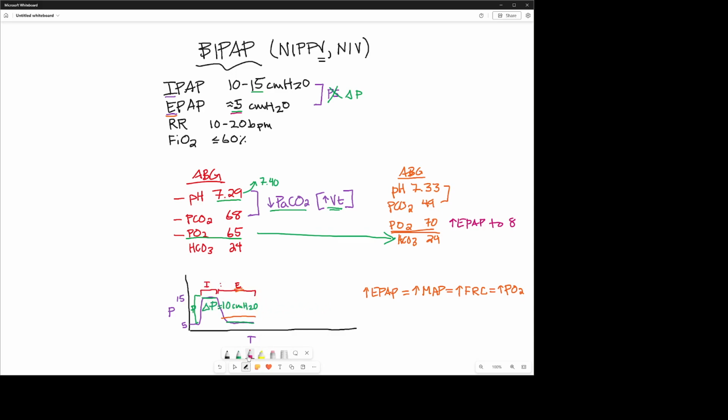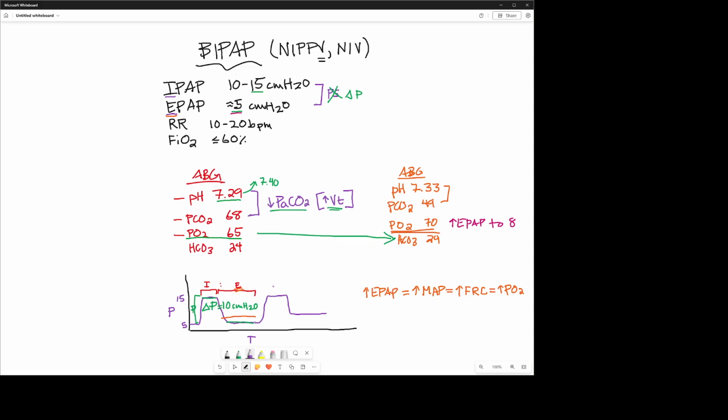And now we say, okay, doc says change this to 8. So the respiratory therapist will make the change and say, all right, our EPAP is now going to be 8, but our IPAP didn't change. So it's still going to be 15 during inhalation and then drop down to the new setting of 8.